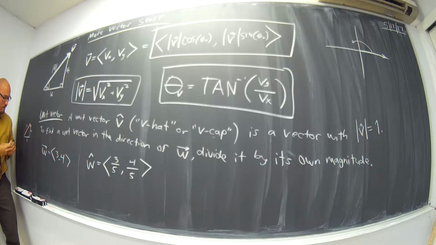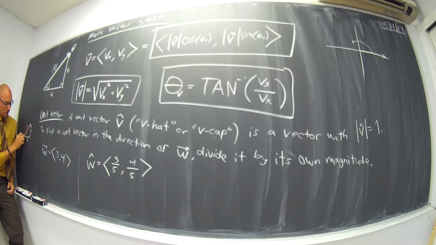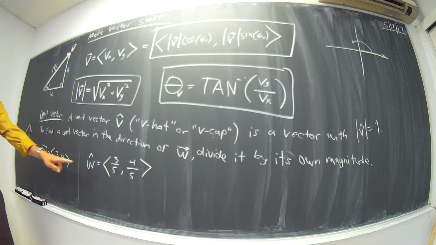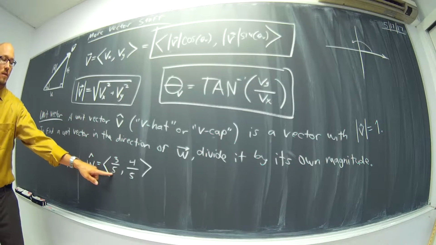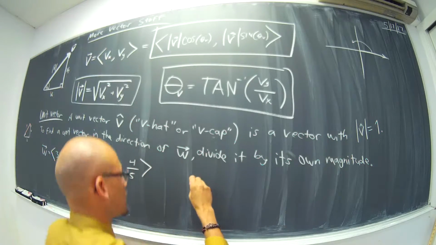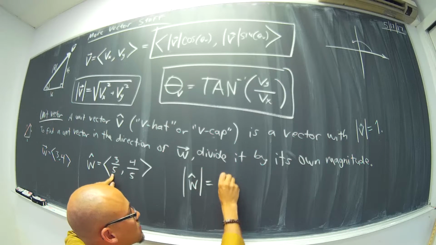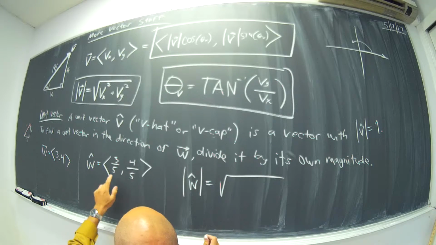And that'll be a vector that goes in this direction, but it has a length of only 1. It's a little nubby vector. And if you were like, prove it, we could find the magnitude of this. Let's do that just for funsies. The magnitude of w hat is going to be the square root of this squared plus this squared.